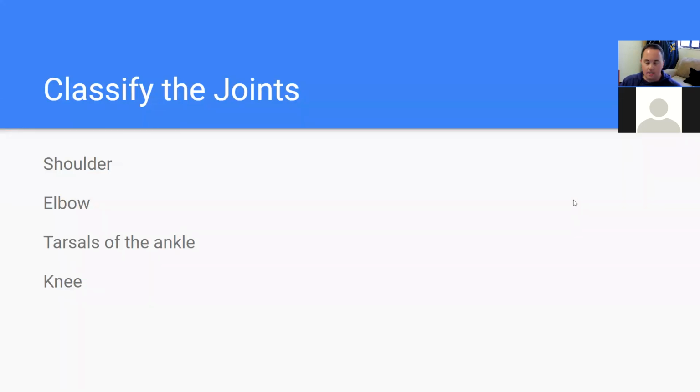The ball and socket joint is called a multi-axial joint. Mackenzie, what'd you get for shoulder? I got the multi-axial joint. Great, good, multi-axial. Itzia, what'd you get for elbow?